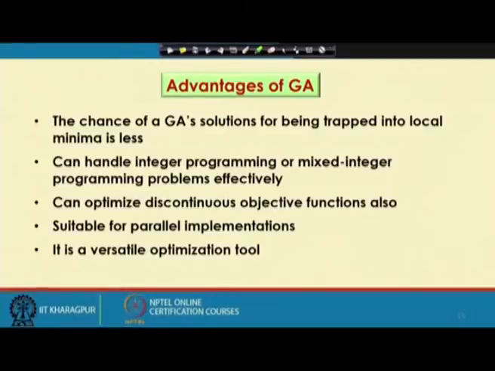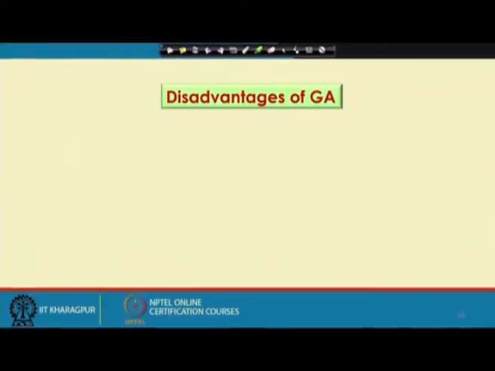GA has the advantage that we can do this parallel implementation very easily, because this is a population based search and optimization tool. And as I told you, GA is very robust and can solve a variety of problems. However, this particular GA has a few demerits.